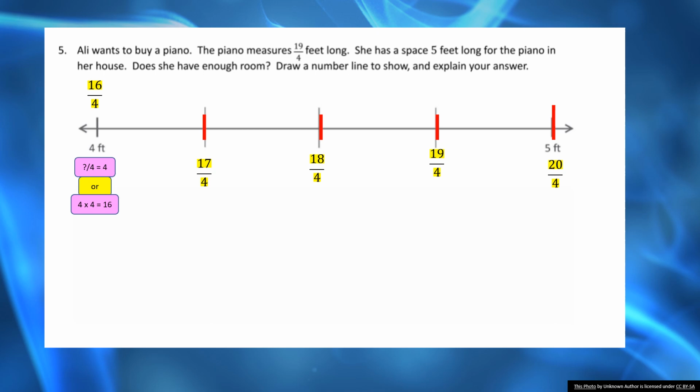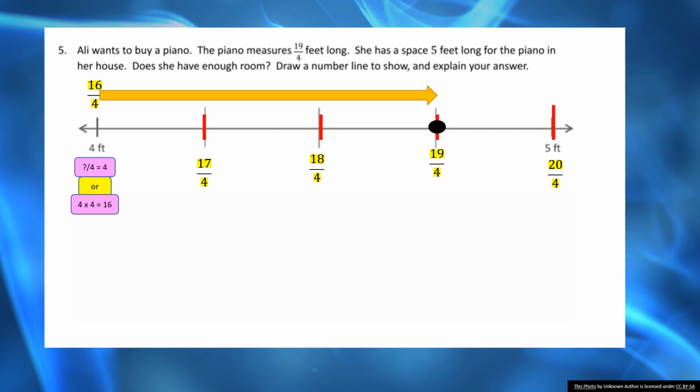So now that I've made sure that my number line is partitioned and labeled correctly, I can locate 19/4, because the piano measures 19/4 feet long. Well, I see 19/4, so I'm just going to draw an arrow from 16/4 to 19/4, just like that.